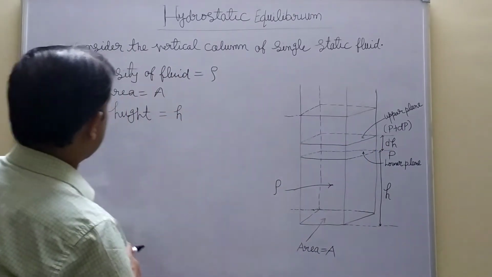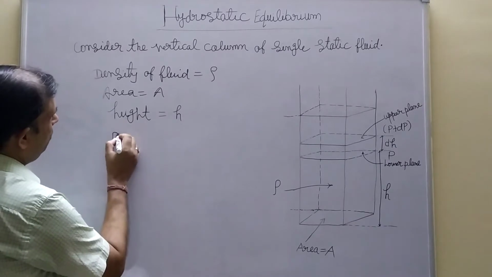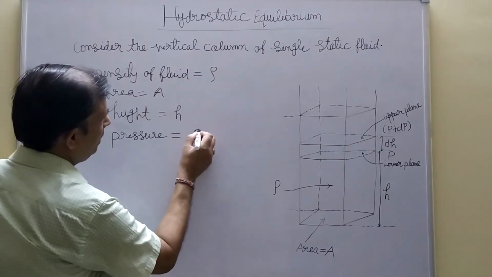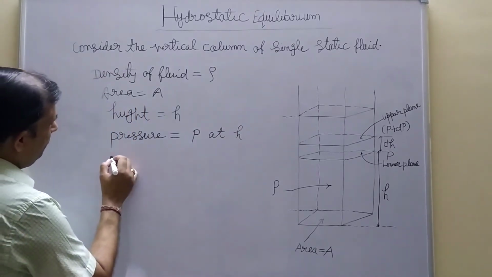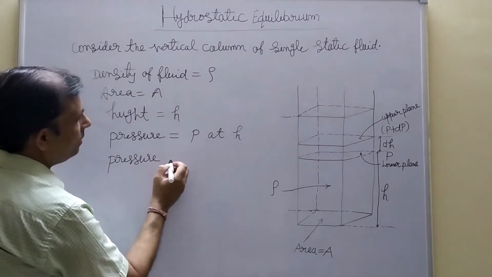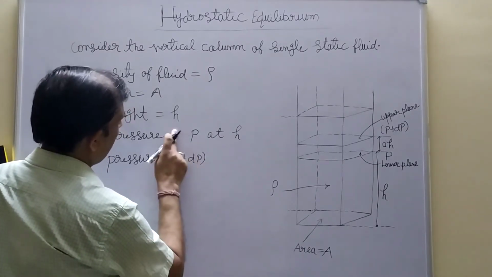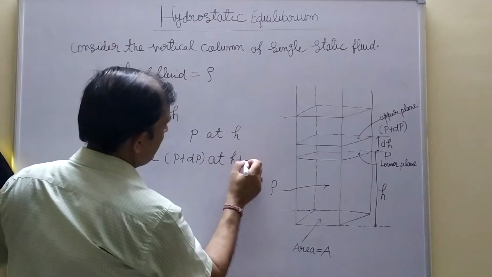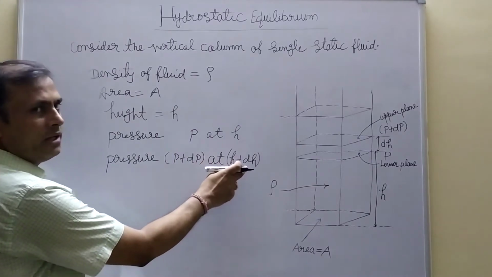The pressure acting on the lower plane is P at any height h, and the pressure acting on the upper plane is P plus dP, acting at height h plus dh.